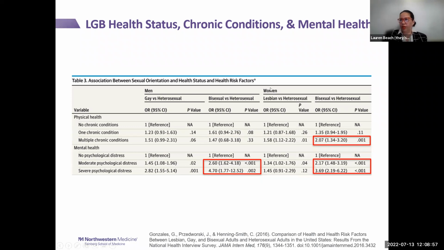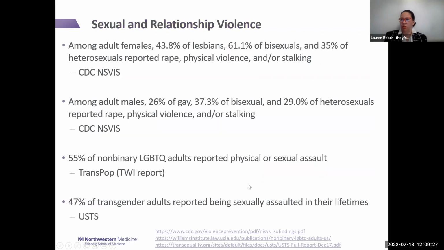Among women, in addition to mental health, bisexual women are more likely than heterosexual women to report having multiple chronic conditions. Severe and moderate psychological distress are also higher in bisexual women compared to heterosexual women. These odds ratios are also higher among bisexual compared to lesbian women, even if there isn't a statistical test to compare the groups.